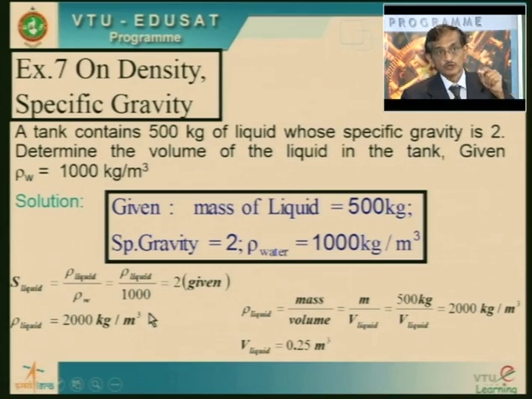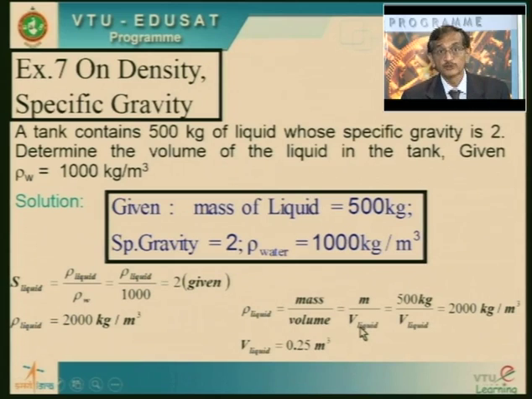Once you calculate the density of the liquid, he is asking you the volume. Now, we are going to apply the formula: density of the liquid is equal to mass per unit volume. Mass is given as 500 kg, substitute.